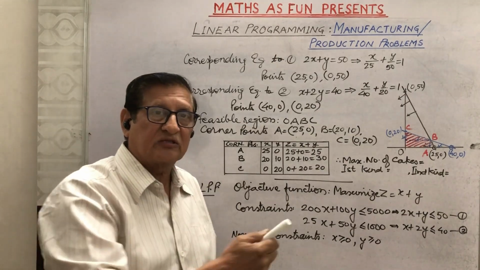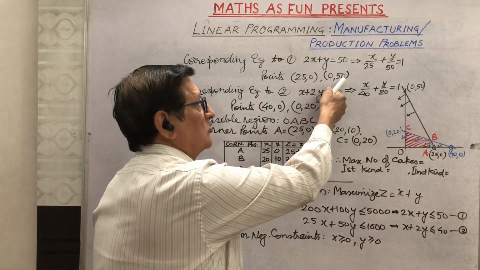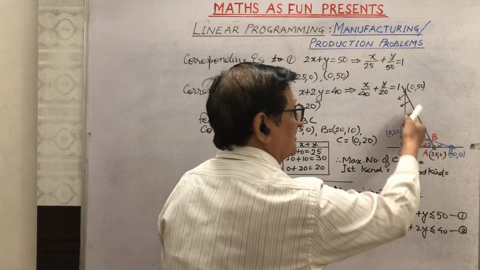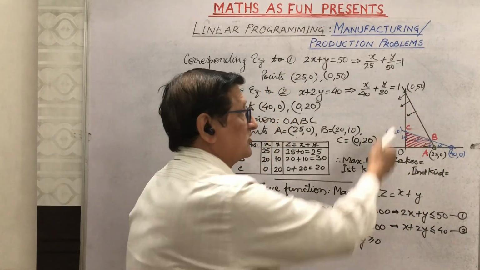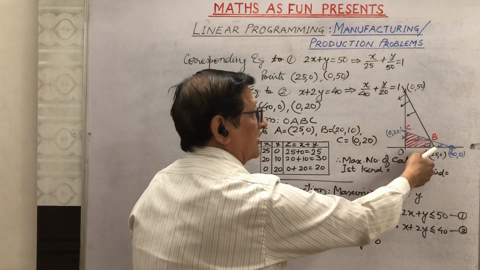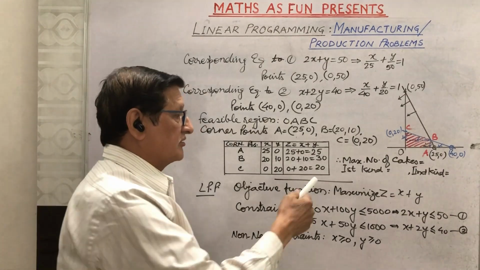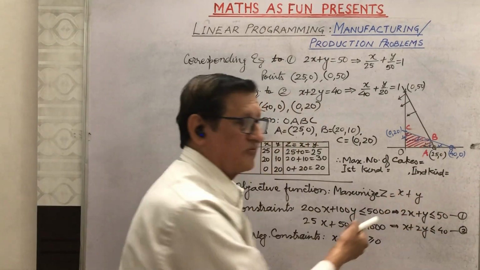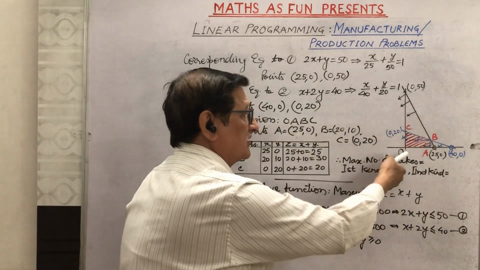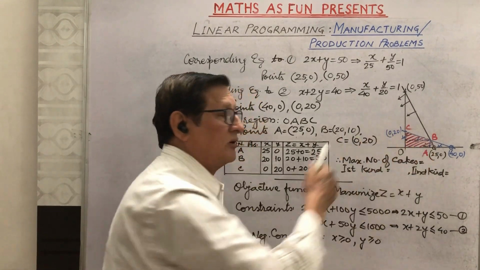It means the points of intersection on x-axis and y-axis are 25, 0 and 0, 50 respectively. We plot the points here and join the line to get the graph of this particular equation. We find here 0 plus 0 is less than equal to 50, satisfying the inequality. It means this is towards the origin, so origin is included. This is the solution region for this particular inequality.